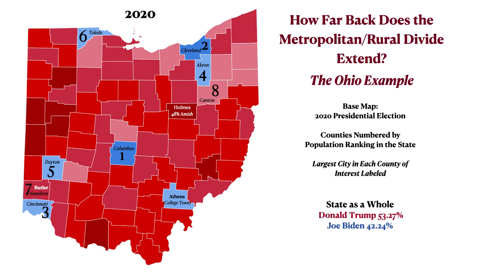And you can see that the top six are the only six counties that voted for Joe Biden, with the exception of the county that contains Athens, a college town. So it's a very good correlation. And then 7 and 8. 7 is really an exception. That's Butler County with the city of Hamilton. One would expect it to be at least pink.